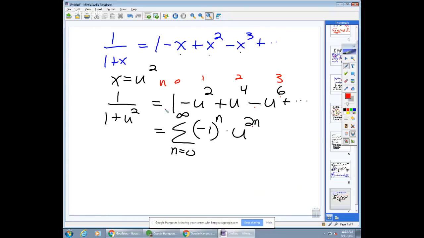All right, other things I mentioned we can do with these is differentiate them and integrate them. So let's try that for fun. Let's integrate this one. We'll differentiate a different one. So what happens if I integrate 1 over 1 plus u squared du?